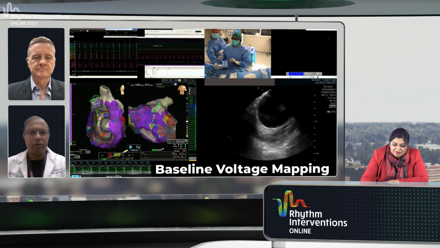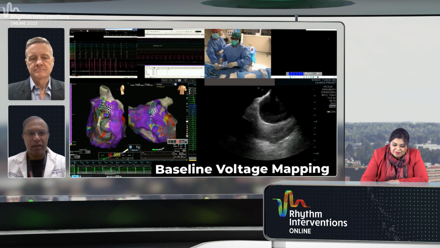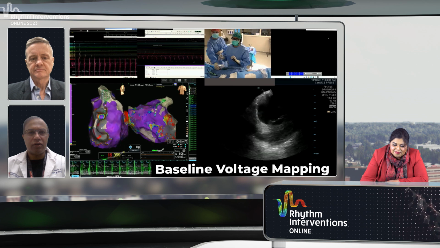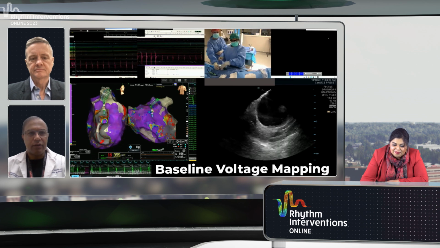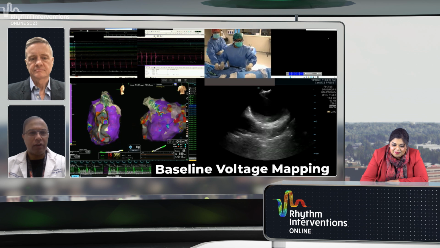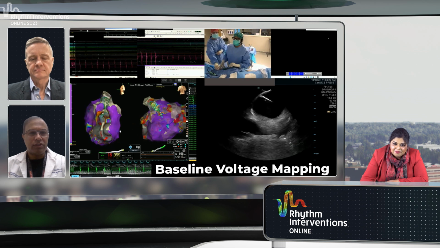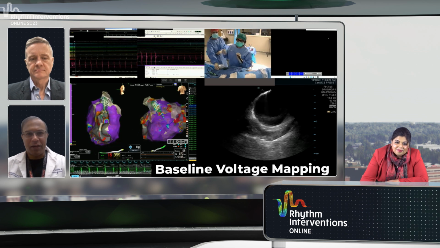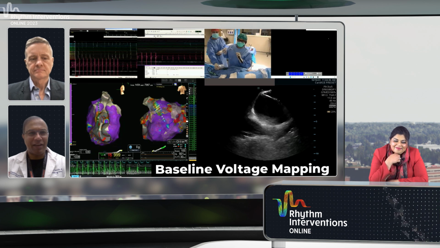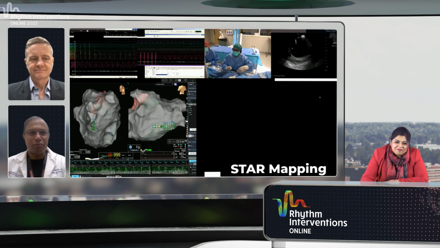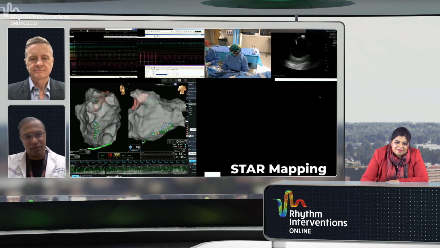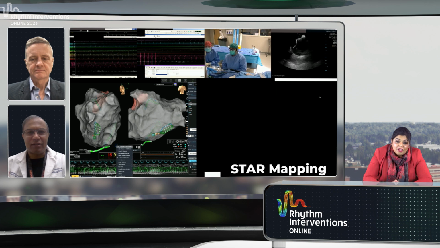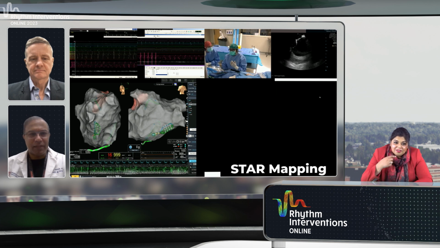You said she came back with persistent AF, heart failure, decreasing ejection fraction. And it just goes to show how we still understand so little about the substrate of AF and the clinical presentation. Because if you'd asked me to guess what her sinus rhythm map would have looked like, I would have thought it's just diffusely diseased, and I see a lot of purple there.